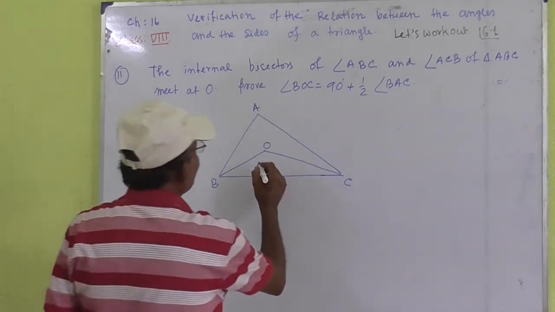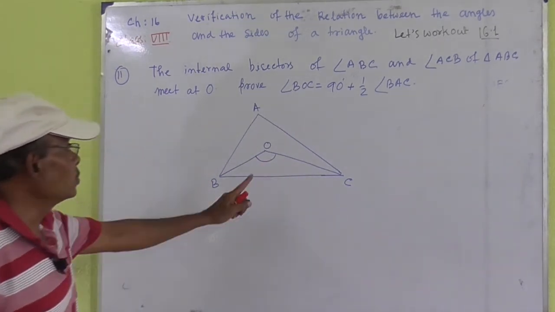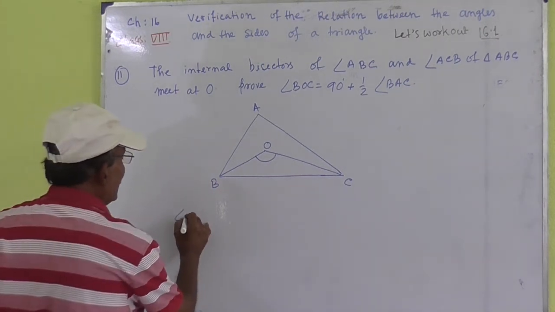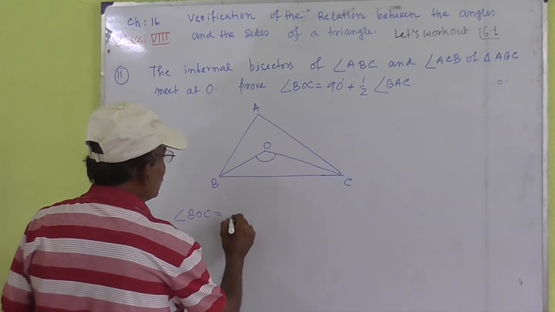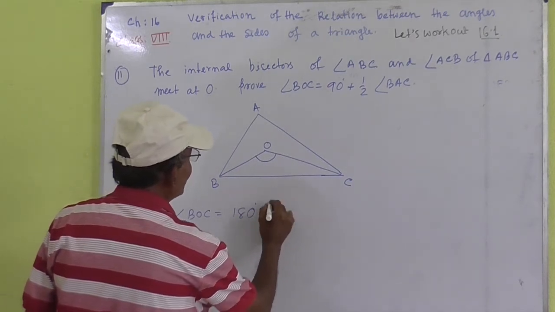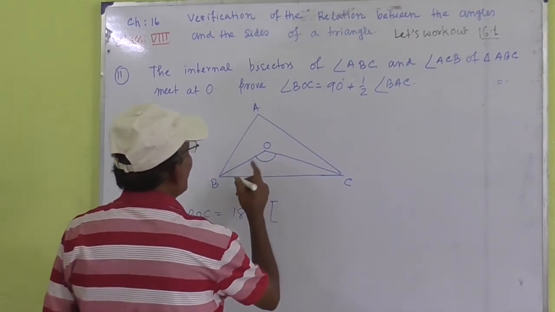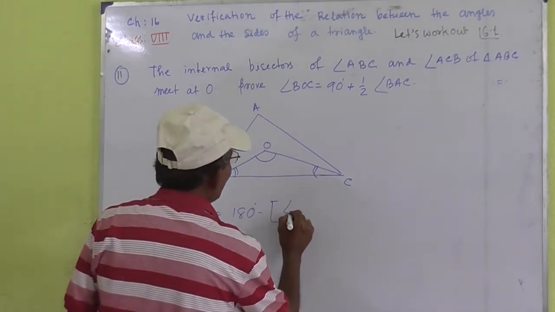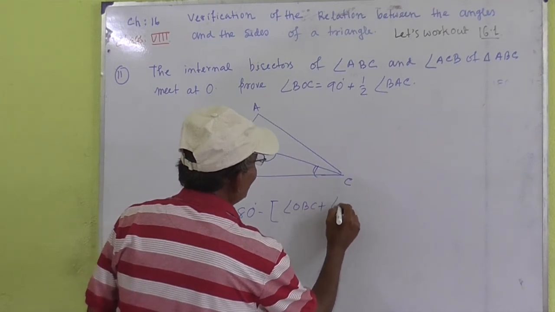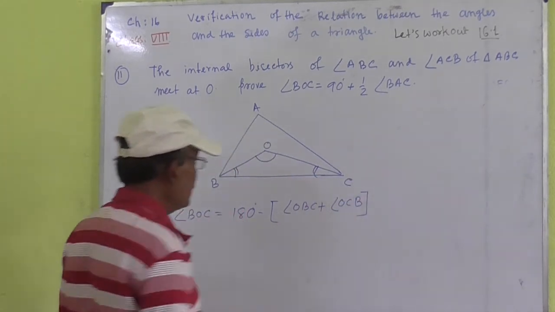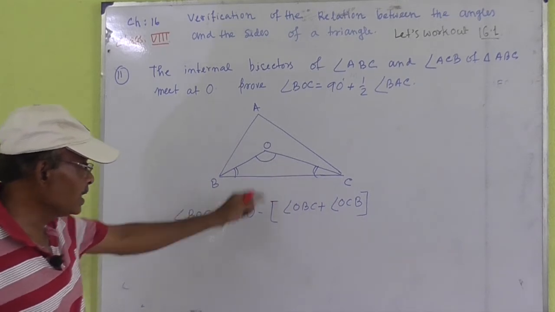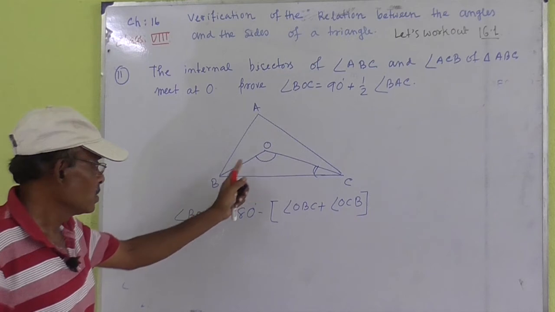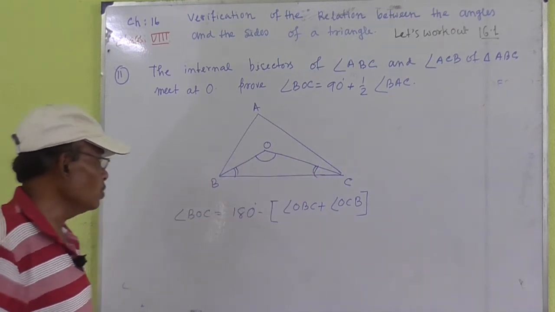Prove that angle BOC, that means this angle, equals half of angle A. Now, angle BOC equals 180 degrees minus this angle plus this angle, that means angle OBC plus angle OCB. Why? Because the sum of the three interior angles is 180 degrees, that means this angle plus this angle plus this angle equals 180 degrees.